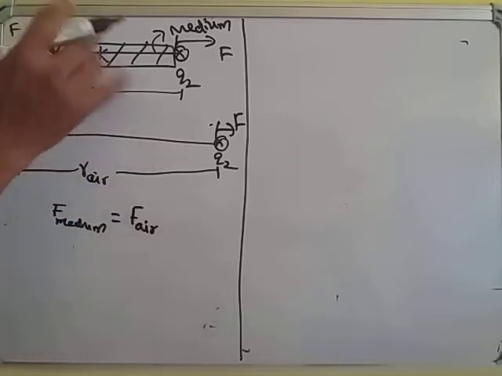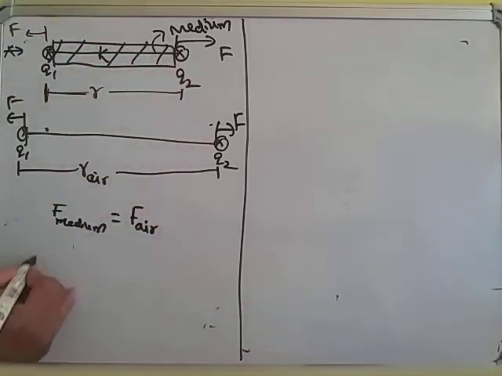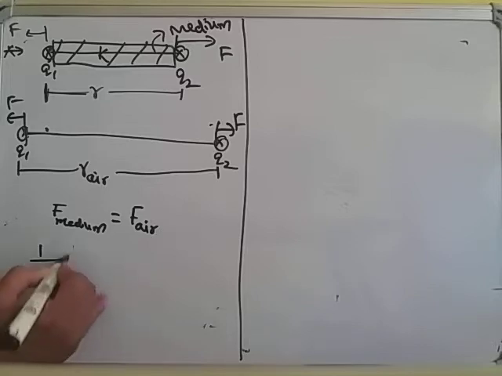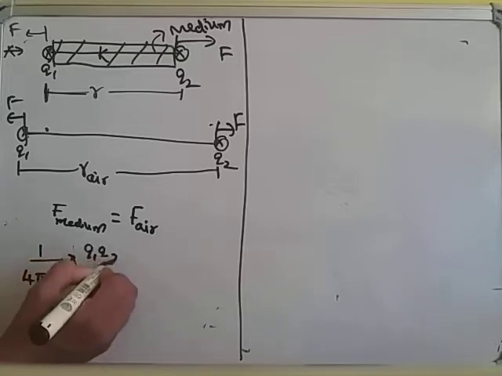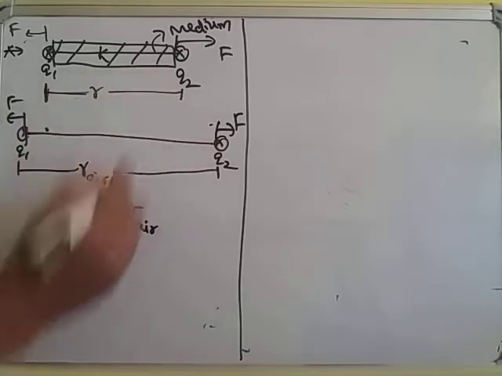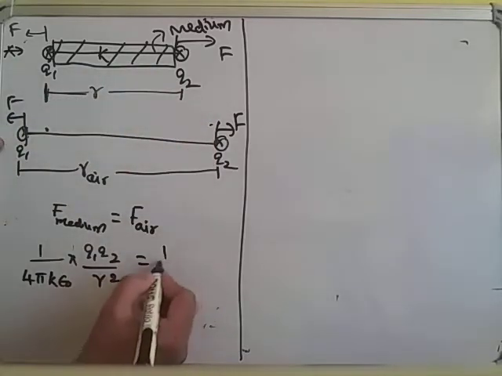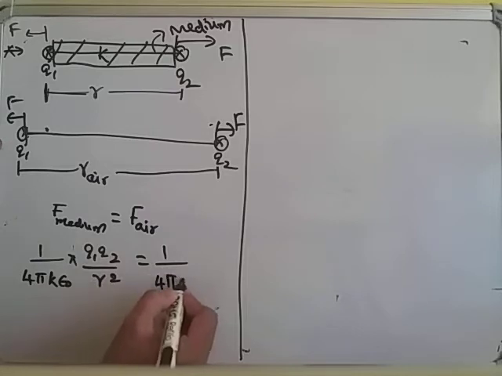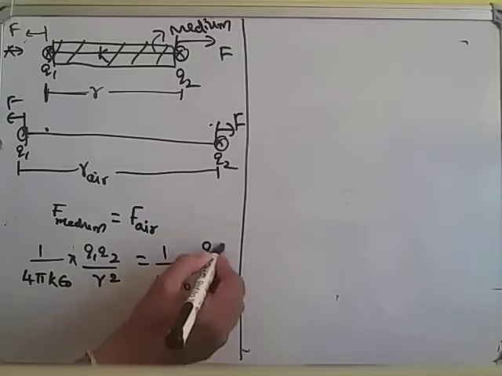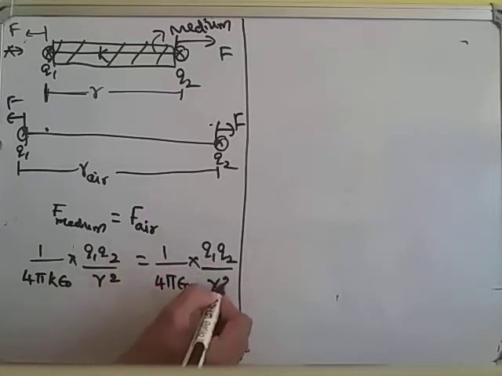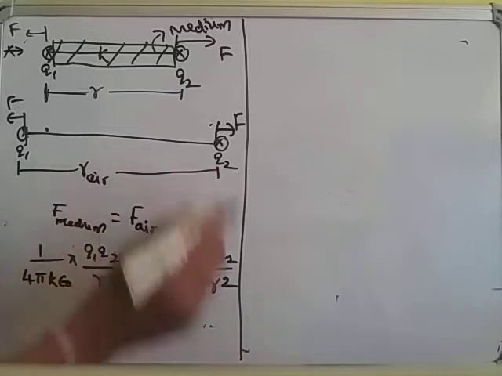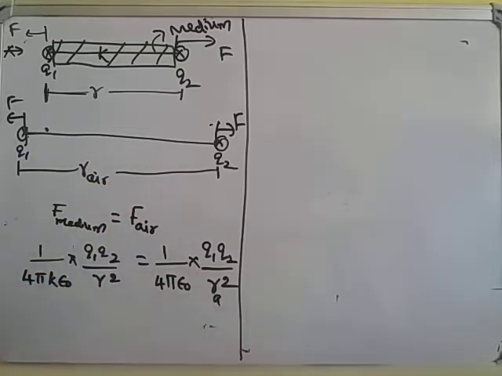The force in medium formula, we already know, is 1 by 4 pi K epsilon naught into q1 q2 by r square, where in medium the distance is r. Then in air the force formula is 1 by 4 pi epsilon naught into q1 q2 by r a square, where in air the distance is ra.